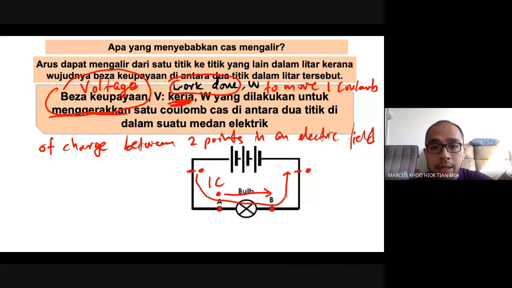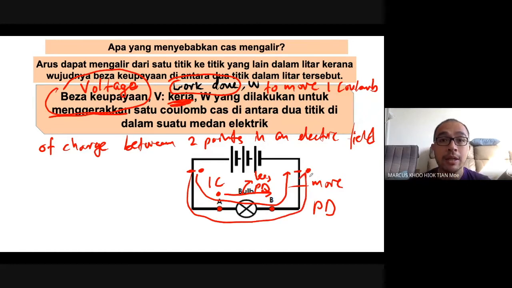Kalau begini, this one will need more potential difference. This one will have less potential difference because the distance that it is traveling is shorter. Manakala yang ini, yang besar ini, the distance it is traveling is bigger. So you need a bigger voltage to travel through those 2 points.